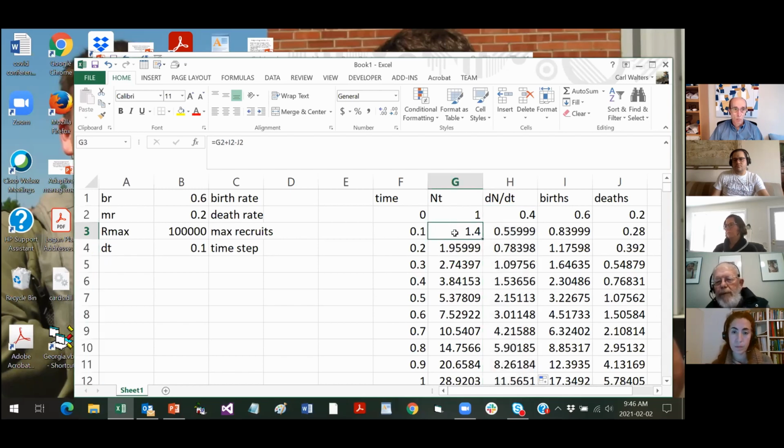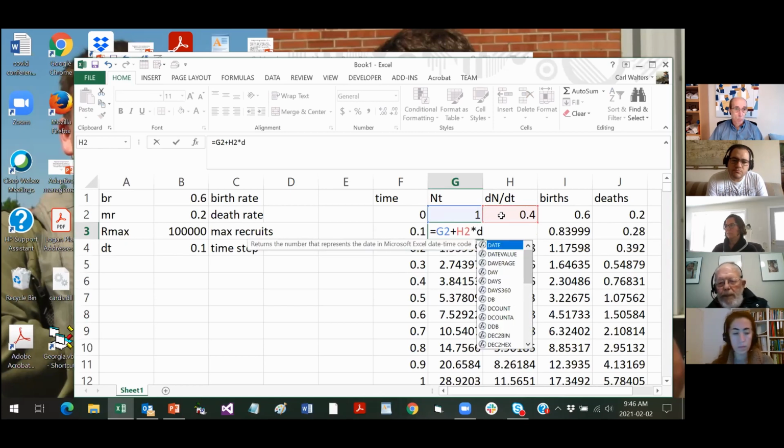But now, in predicting numbers change, for the first time step I'm going to use an Euler prediction step. That is, I'll make the numbers at time 0.1 equal to the numbers at time 0 plus the rate of change at time 0 times the time step dt.